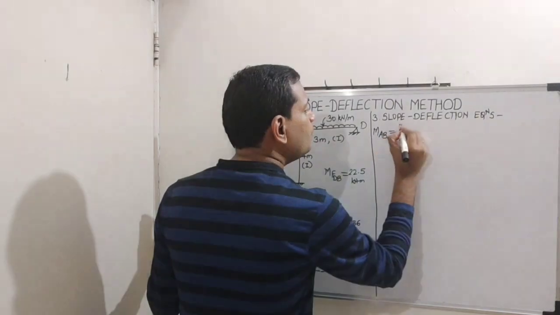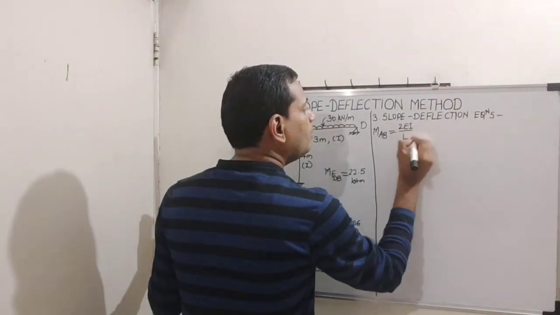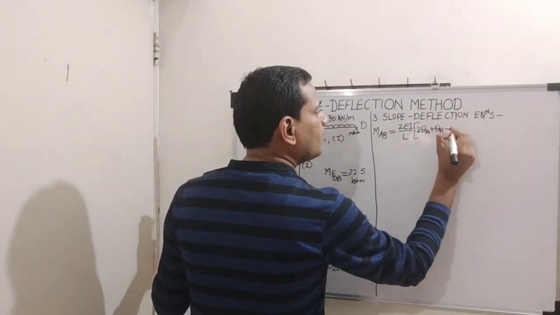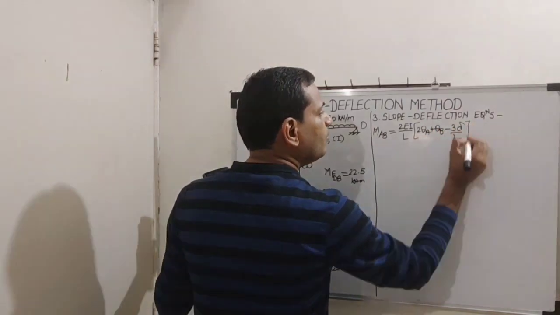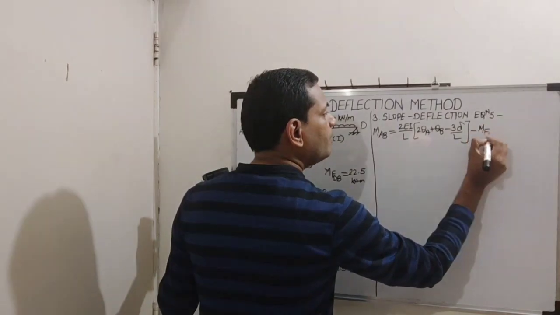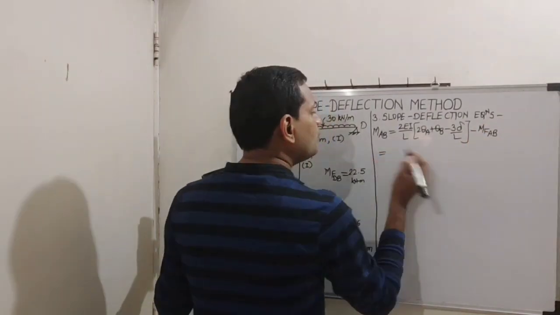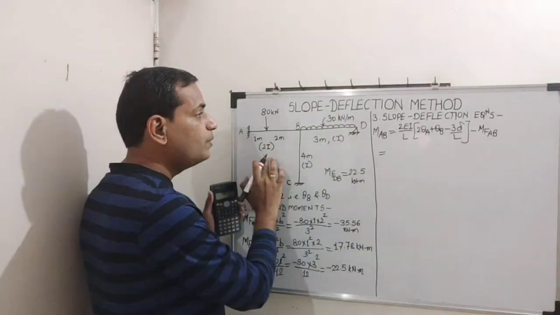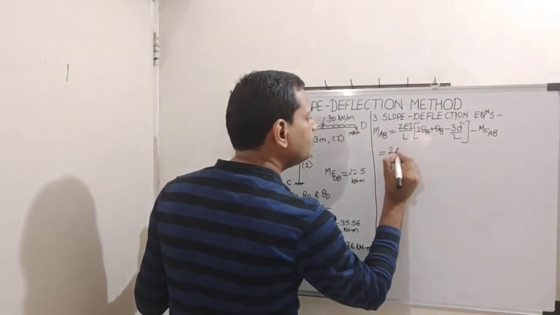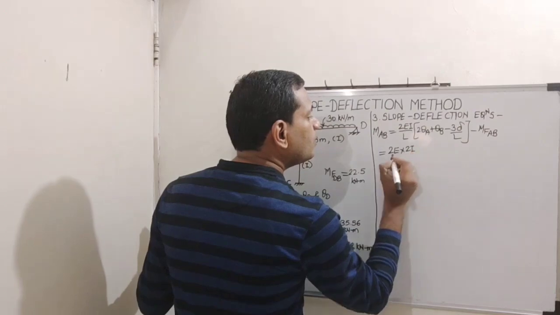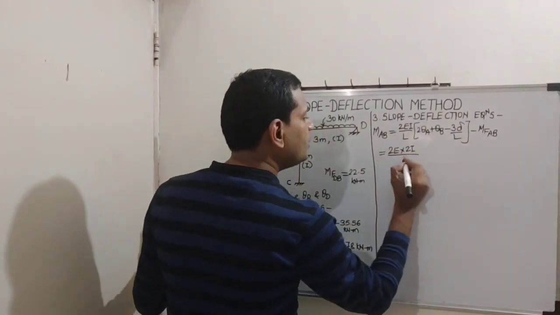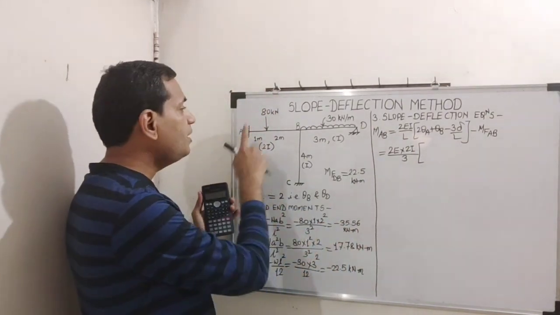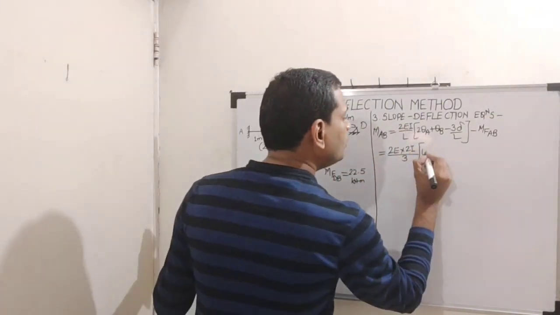So the equation is 2EI by L into bracket 2 theta A plus theta B minus 3 delta by L minus MFAB. So substitute appropriate values. I value for span AB is 2I. So 2E into 2I, divided by span 3, multiplied by theta A 0. Why? Because A is fixed. Theta B unknown.